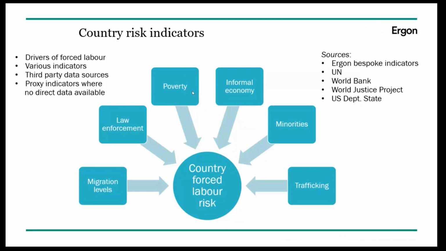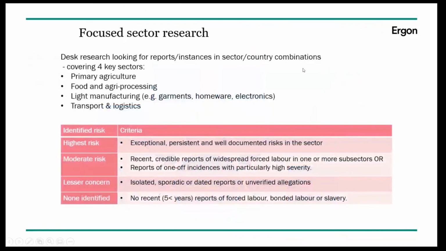Combined with that is sector research. So we've done focused desk research on four key product sectors, which are agriculture, food processing, light manufacturing, which captures garments, electronics assembly and homewares, and transport and logistics as well, so warehousing and transport.